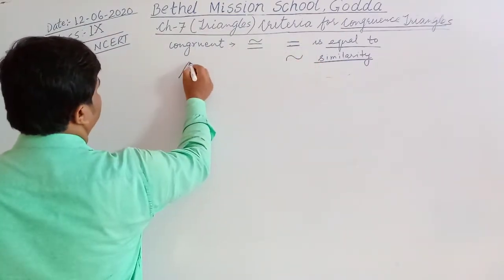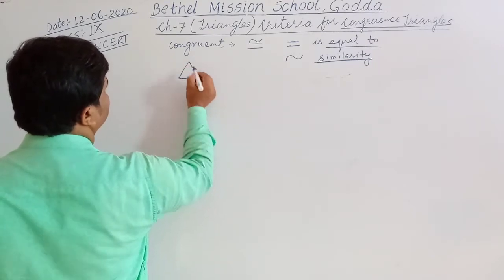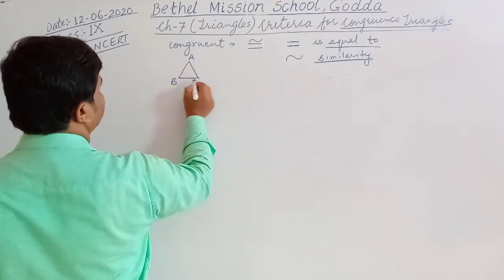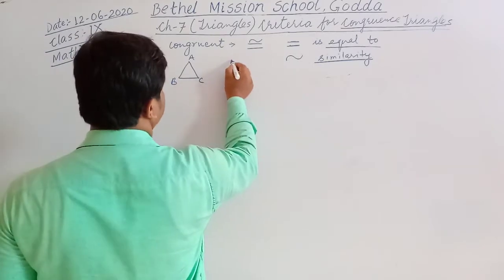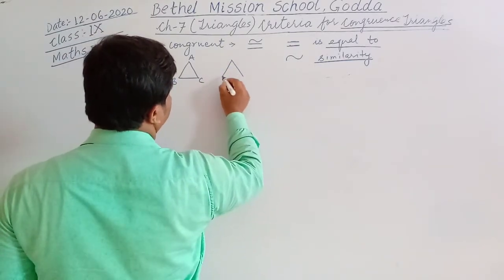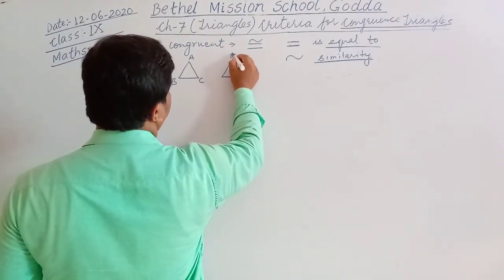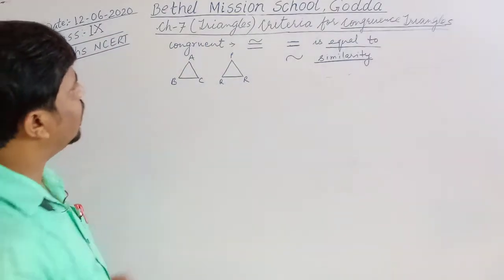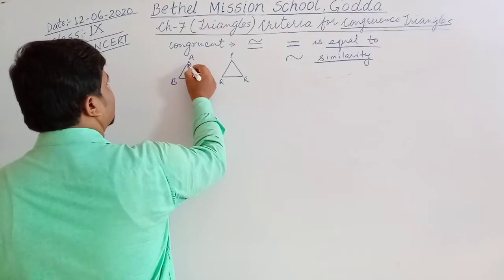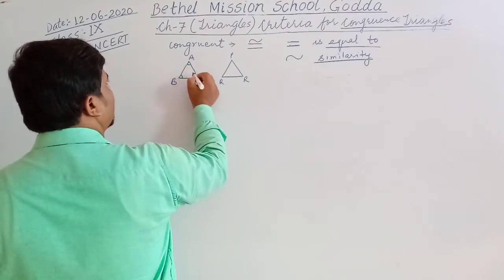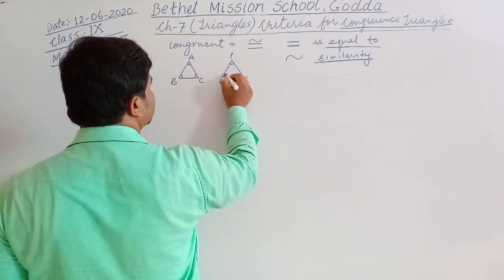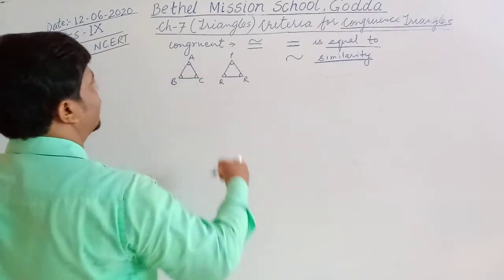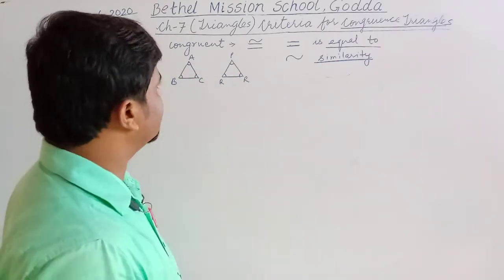You can see this is triangle ABC. Another triangle is PQR. These two triangles will be congruent if they are equal in angles as well as equal in their sides.